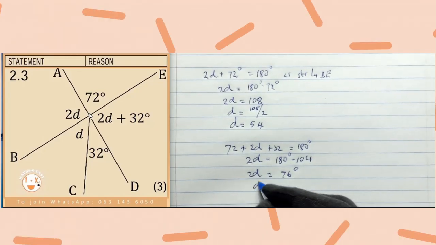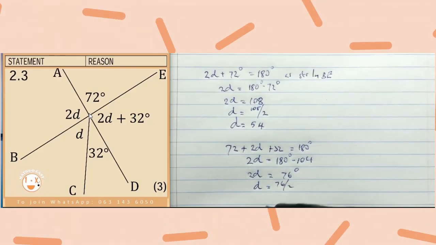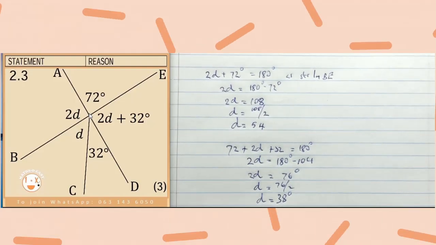And then if I divide by 2, what is my D now? My D is 38, isn't it? 2 into 7, 3 times, it leaves me a 1, 8. Look at that. Now D is 38. Remember, it can't be true. So we can't have a D that has different values. Let's try the last one.